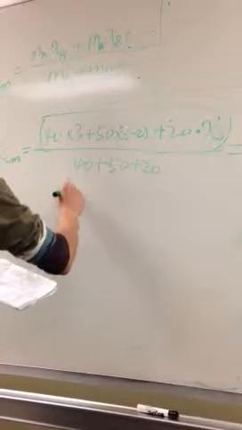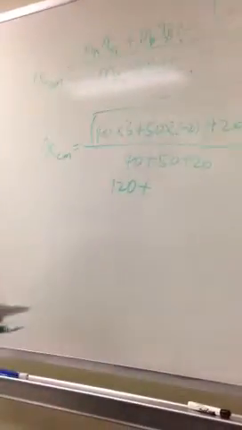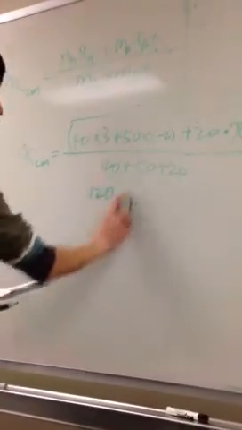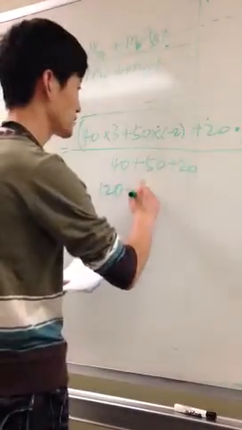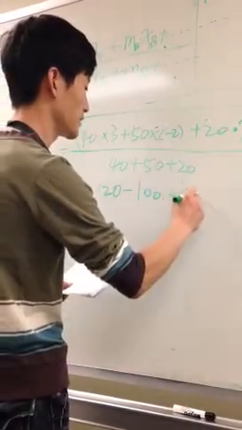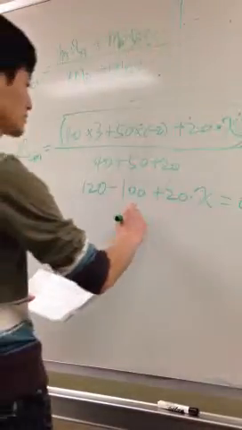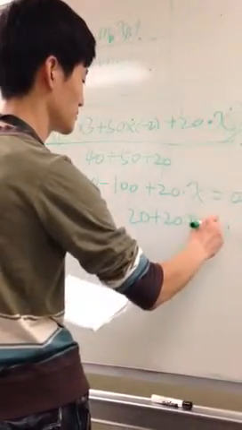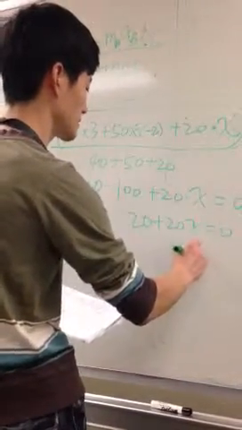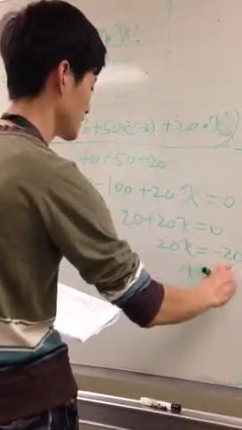And then what we have is 120 minus 100 plus 20x is 0. 20 plus 20x is 0. So 20x is negative 20. And then x is negative 1.